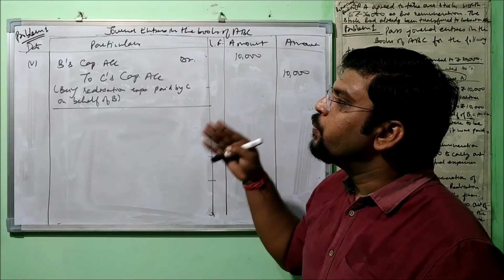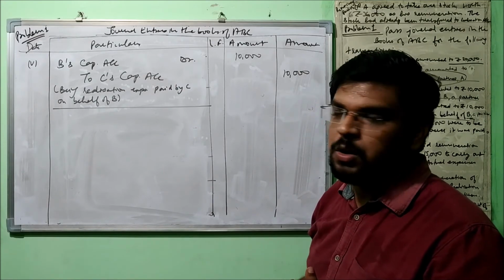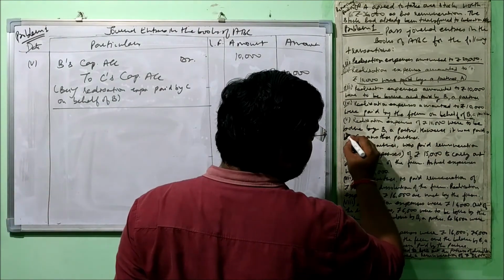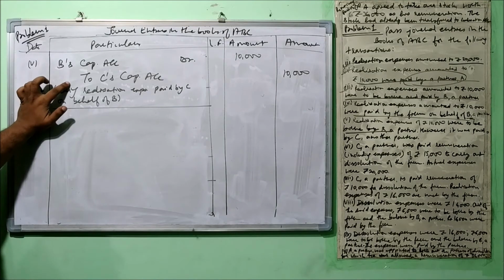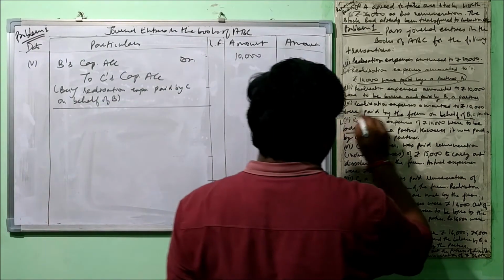Let's have a look. Bearing partner's capital account debit to paying partner's capital account, right? Here the partner B bears, we read it here, to be borne by B. So B's capital account debit and C has paid. So then to C's capital account 10,000 being realization expenses paid by C on behalf of B, right? So this situation is also done.